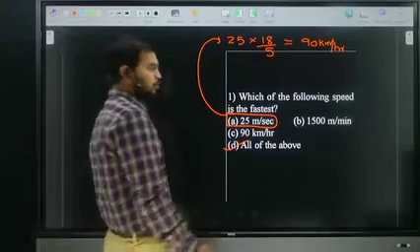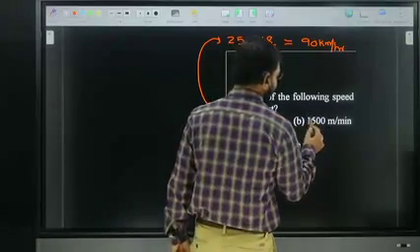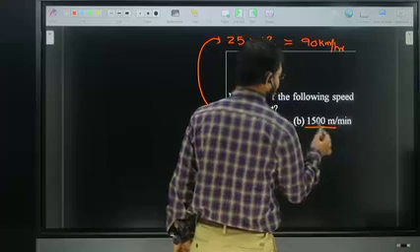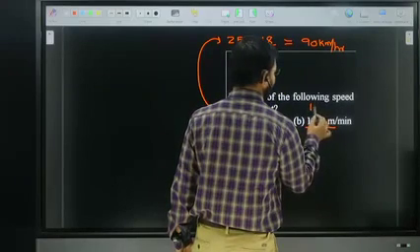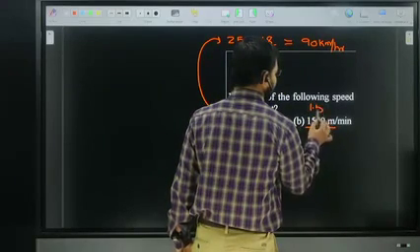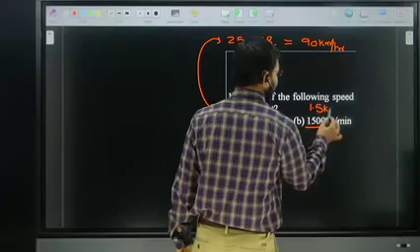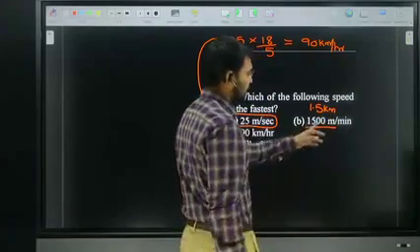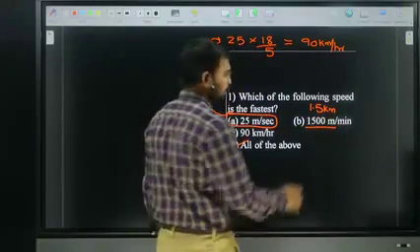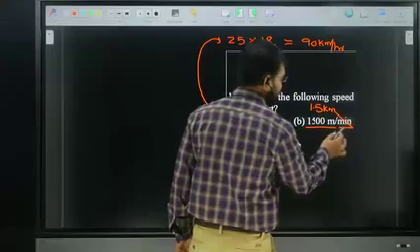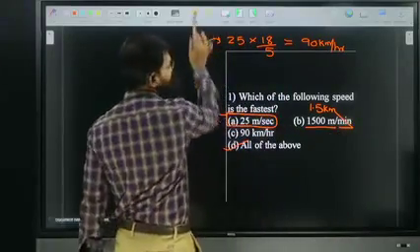If you want, I will convert B also. So look at me, all of you. 1500 meters is nothing but 1.5 kilometer. So 1.5 kilometer per minute.